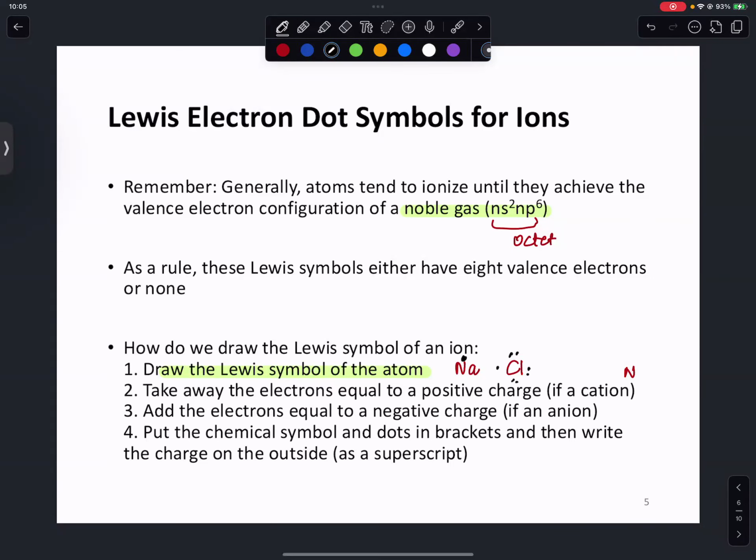In this case, if I am going to draw out the anion, I'm going to add 1 electron because it is a nonmetal, so it's easier for it to gain electrons. So it becomes something like this.